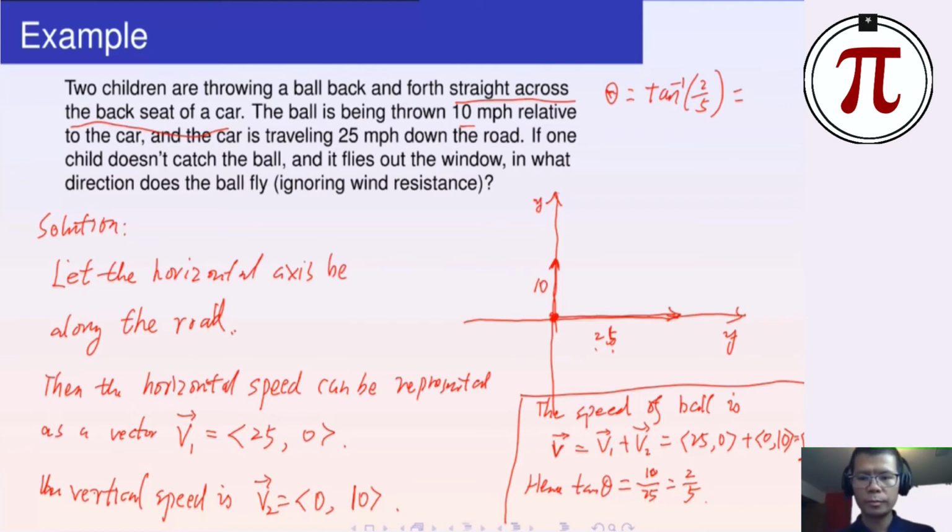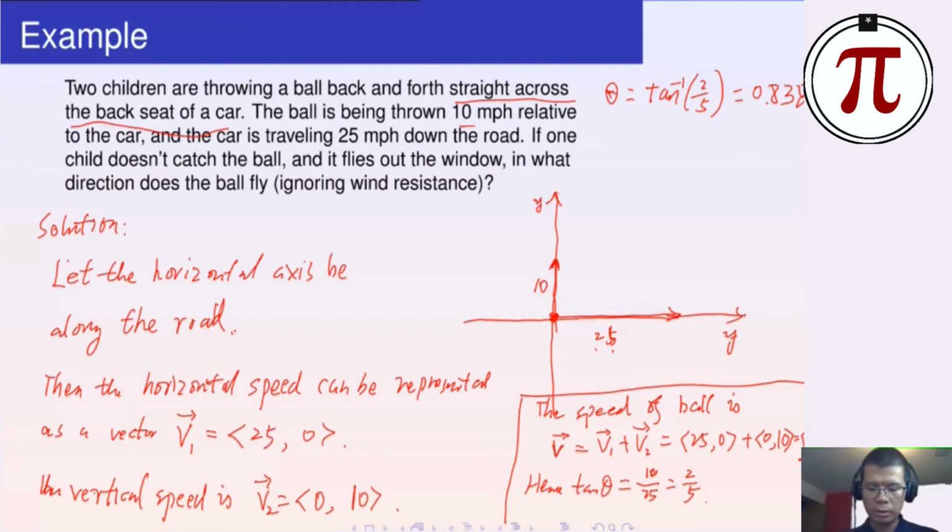Got 0.3805. Oh yeah, very good. 0.8381? No, there's a 0 after the 5.